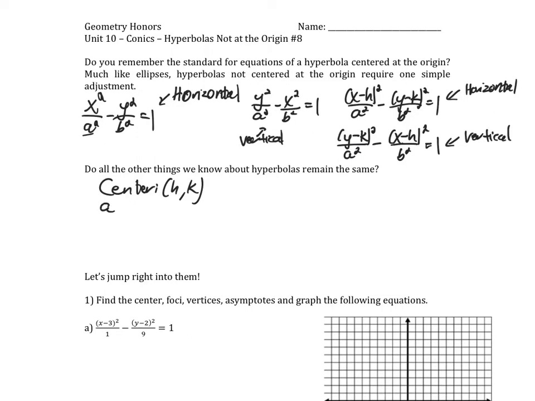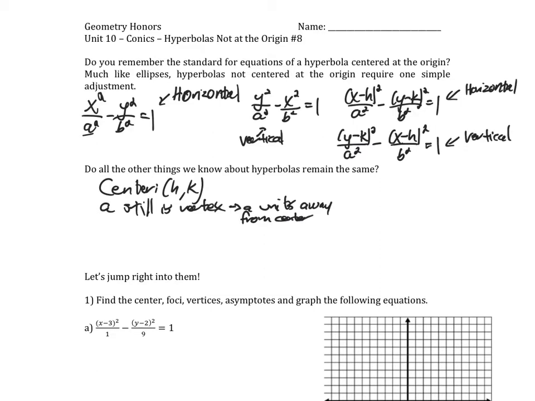The a value still is the vertex, but we're just going to count a units away from the center. It's still going to be the key to your vertex.